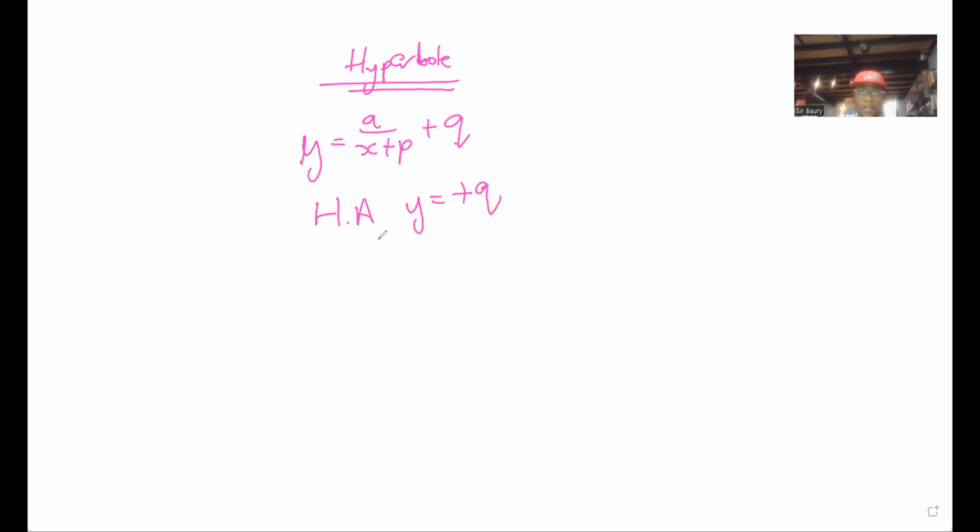You take it as it is. But for the vertical asymptote, you need to take the denominator and equate it to 0. So it's x plus p equal to 0, which is going to give you a different sign.